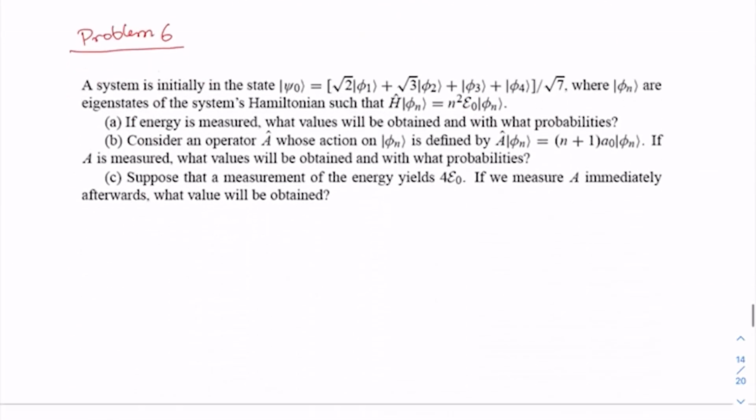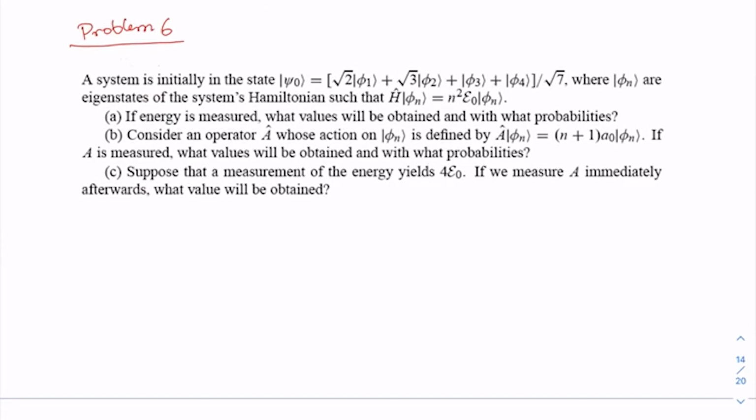Now let us work out this problem. It is given a system is initially in the state psi 0. It is written as a superposition of eigenstates phi 1, phi 2, phi 3, phi 4, where phi n's are eigenstates of the system's Hamiltonian such that the Hamiltonian satisfies this eigenvalue equation. In part A of the problem, if energy is measured, what values will be obtained and with what probabilities?